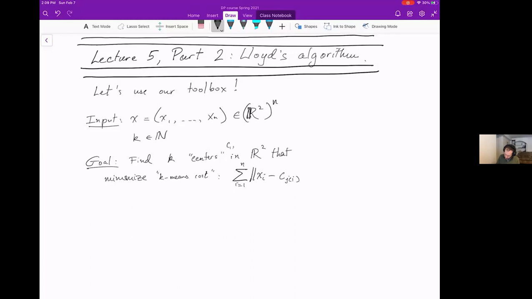I'll call the centers C1 through CK. Here, C_j(i) is the closest center to xi.